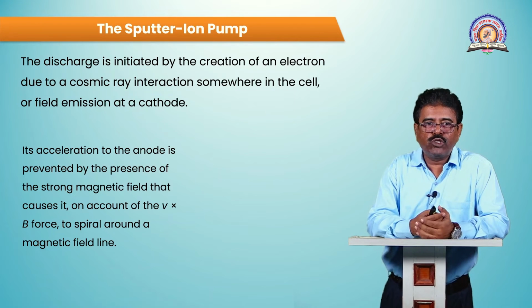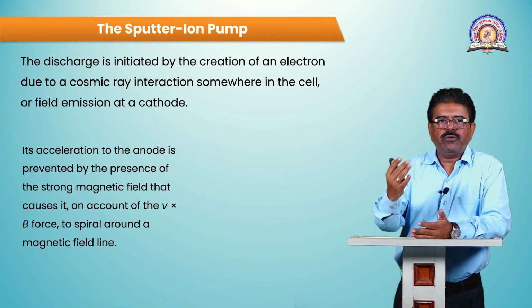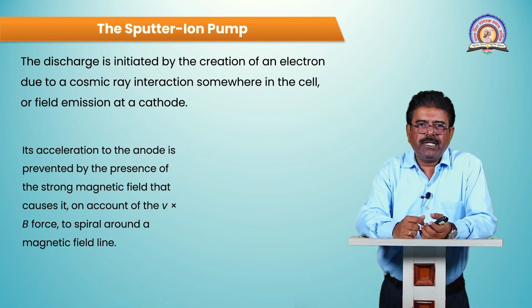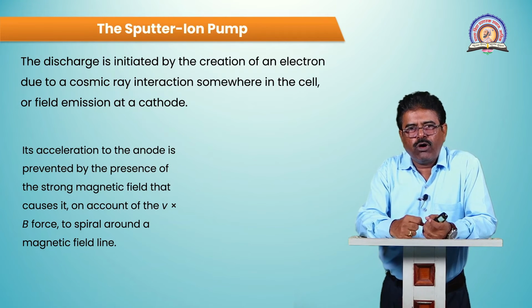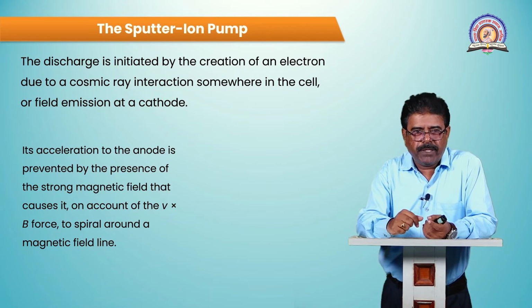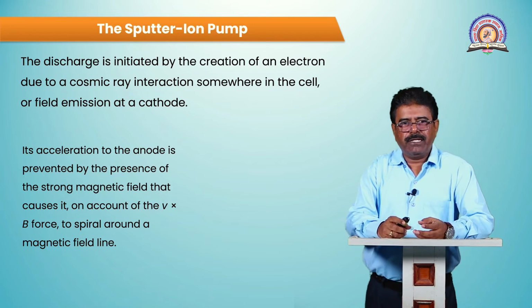The magnetic field is also very strong, and as you know, in basic electromagnetism, you have studied the motion of a charge carrier in the presence of a magnetic field, that a force acts on such electrons, and the force F is equal to V cross B, where V is the velocity of that charged particle and B is the strength of the magnetic field.